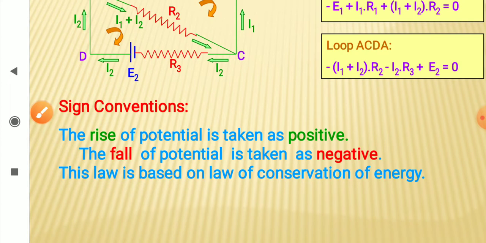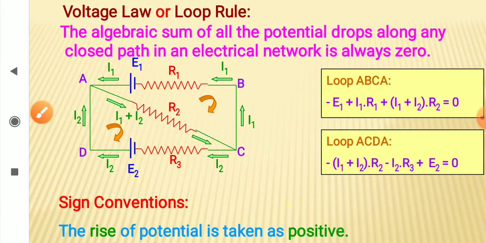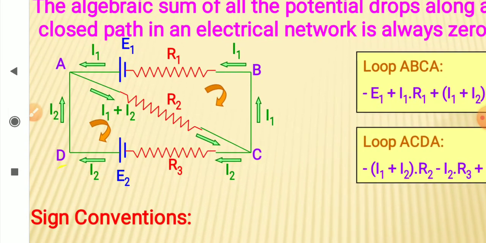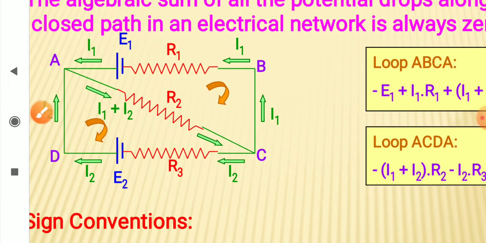So let us see how we use this law in this mesh. First, let us place the higher potential points and lower potential points. For a cell, the positive electrode is higher potential and the negative electrode is lower potential.